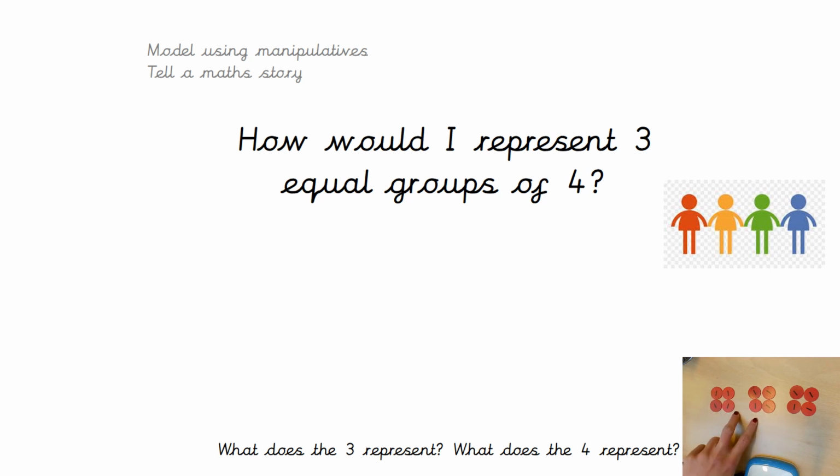And both of those groups then went to find another 4 children to play with. So then 3 groups of children all played together, which means that there were 12 children all together. The 3 represents how many groups I've got, and the 4 represents how many is in each group.